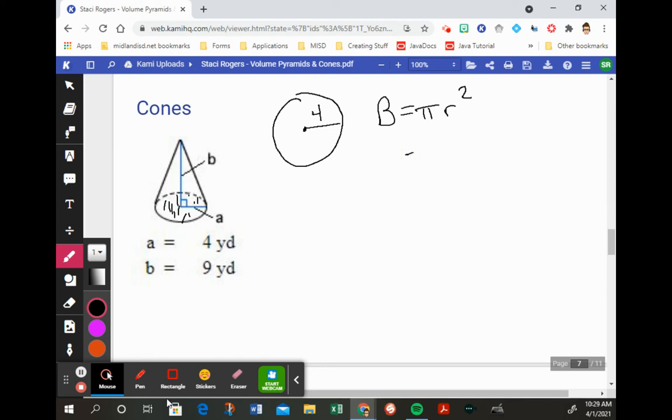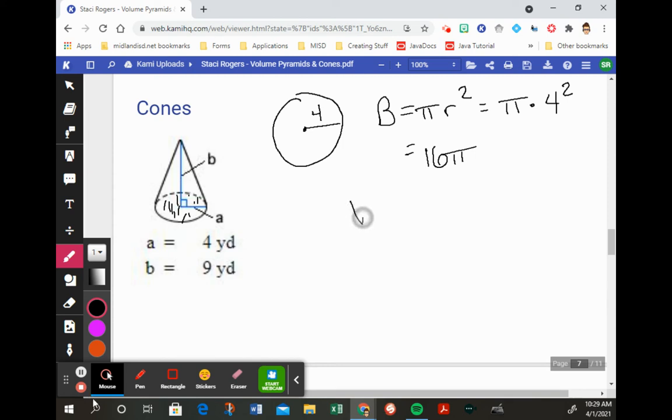So that equals 16. Oops, I don't want 16 yet. That's equal to pi times 4 squared, which equals 16 pi. I'm going to leave it like that for a moment.